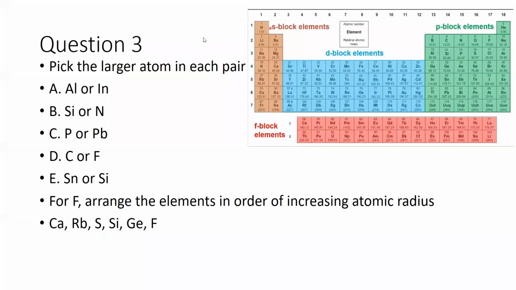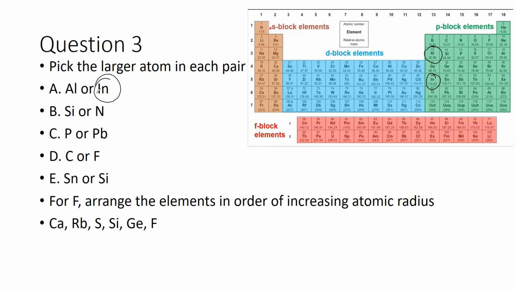Okay, let me share that again. All right, so here's the periodic table. So for A, I'm seeing what's bigger, aluminum or indium. Well, remember, down and to the left is bigger, so indium is the biggest. So using your periodic table, figure out B, C, D, and E. Then F, just put them in order for me.